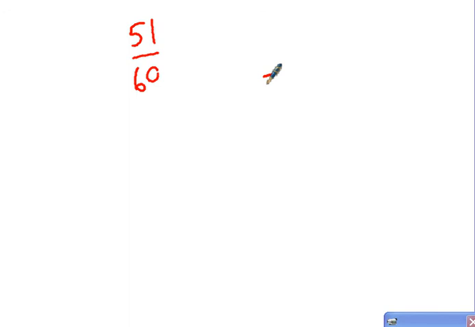So 51, 60 goes into 51 how many times? Well, 60 doesn't go into 51, so that's a 0. And I have to put a point, and I add a 0. So I'm going to add a 0 here. So how many times does 60 go into 510?